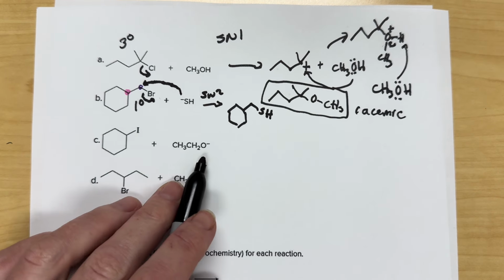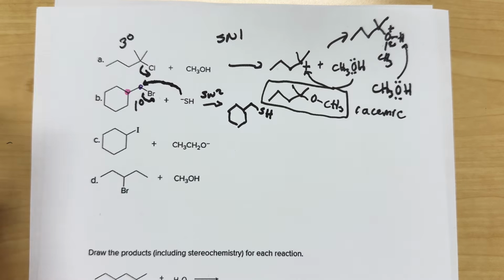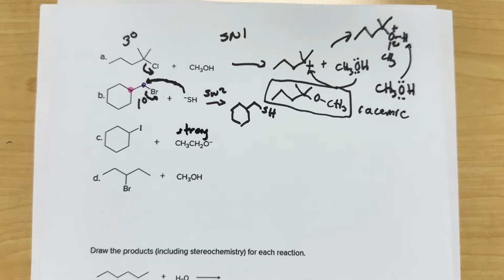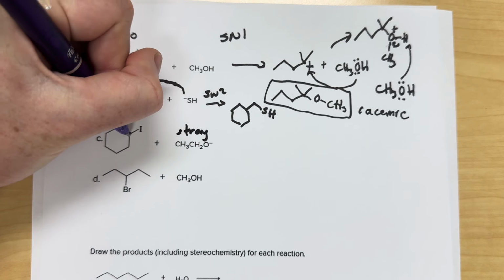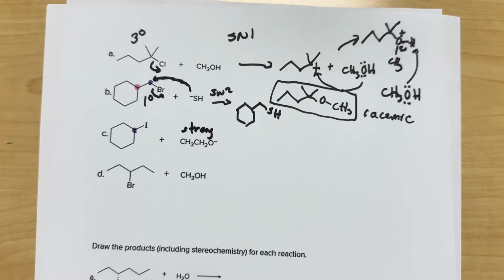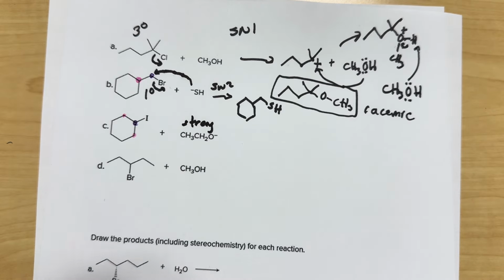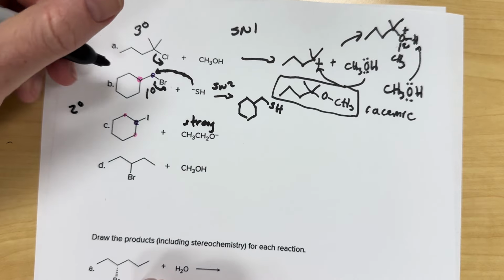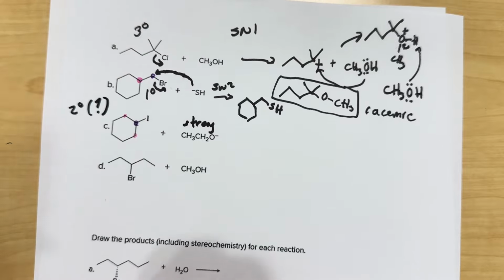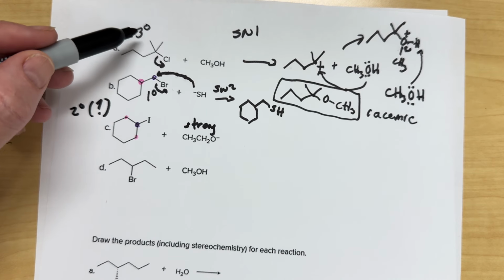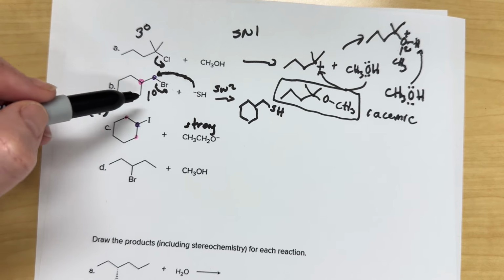Okay, now we have this one. Here we have strong. The reason I said strong was because I already saw that this is a secondary alkyl halide. Okay, so remember, secondary, that's when we have to have any kind of questions. Here, we already knew this was going to be SN1 because it was tertiary. Here, we knew it was SN2 because it's primary.